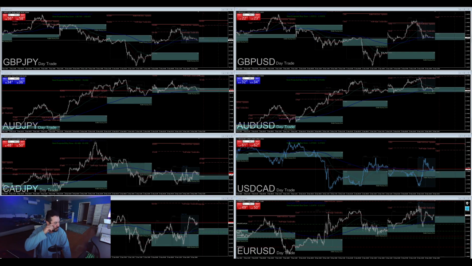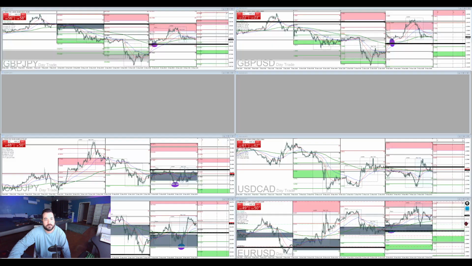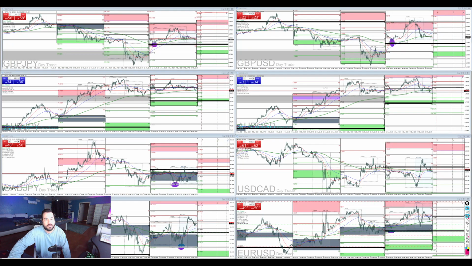All right, we're getting a little bit closer now to the New York close. We're sitting about 25 minutes out. Let's go ahead and take a look at the full pivot charts. All right, so we do have the trade set up, bouncing off central pivot for the Euro USD, and I have my box set up right here.